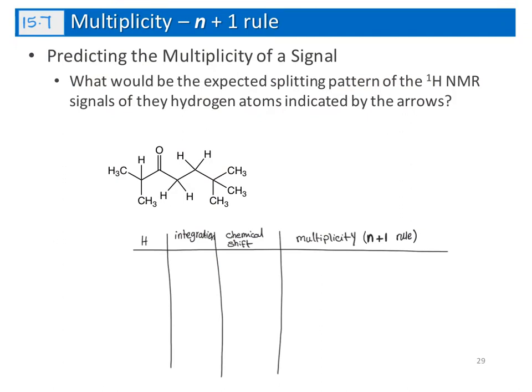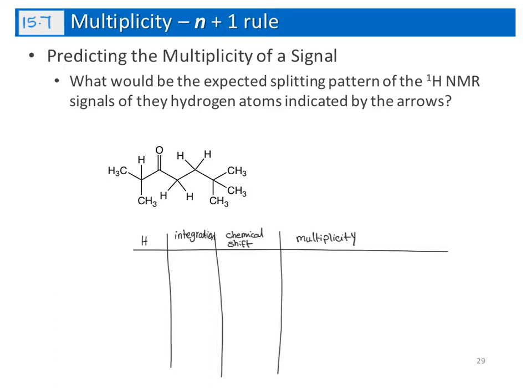Okay, so let's look at another example. We would like to define the integration, chemical shift, and multiplicity for all the protons in this structure. Now, before doing that, the first step is to define how many signals can we have in the hydrogen NMR for this structure.